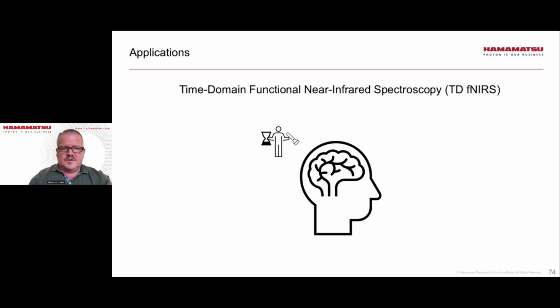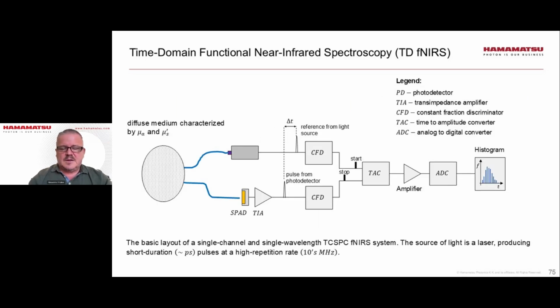Time is short, so this is my final application, which is time domain functional near-infrared spectroscopy. The basic idea of this approach is to study properties of media, such as, for example, the human brain. At certain wavelengths, a human brain will be characterized by a certain absorption coefficient and scattering coefficient.